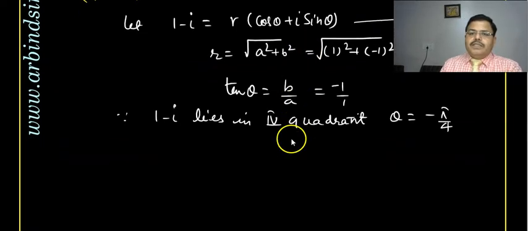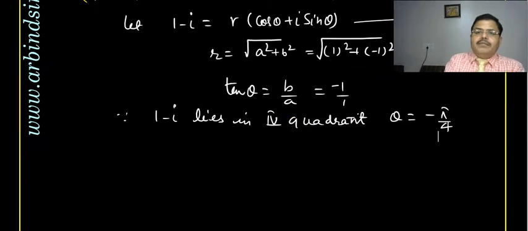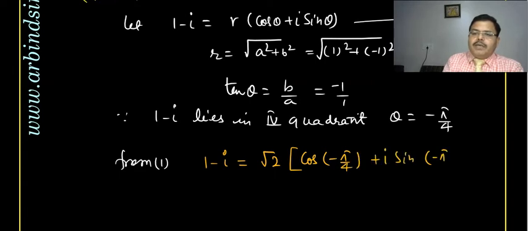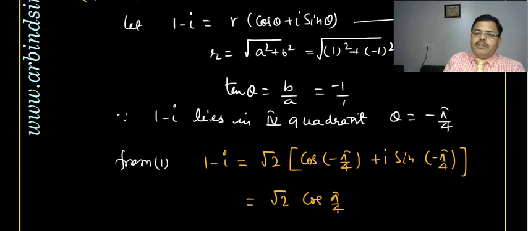So from first, one can write it in polar form. We can write 1 minus iota is equal to r, that is root 2, cos minus pi by 4 plus iota sin minus pi by 4, and which will come up like root 2 cos pi by 4 minus iota sin pi by 4, because cos minus theta is cos theta, and sin minus theta is minus sin theta.